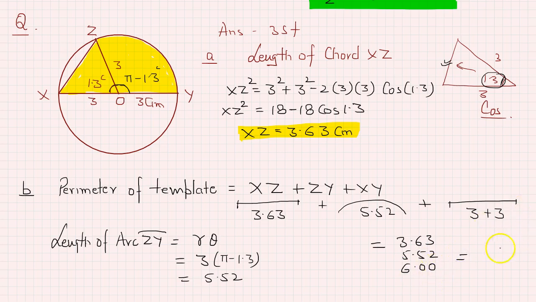So that is equal to 15.15, which is equivalent to 15.2 centimeters. So the perimeter of the template is 15.2 centimeters.